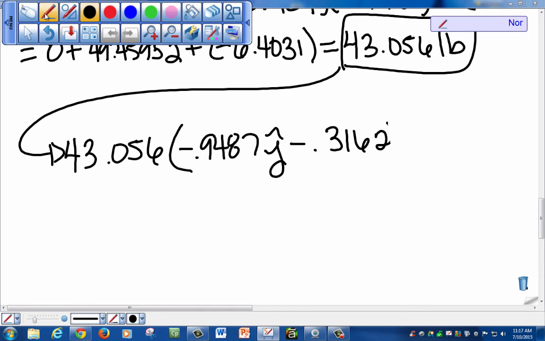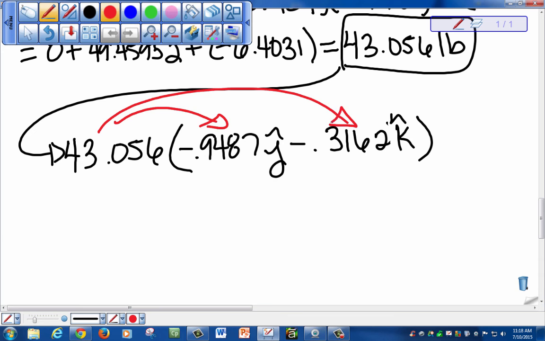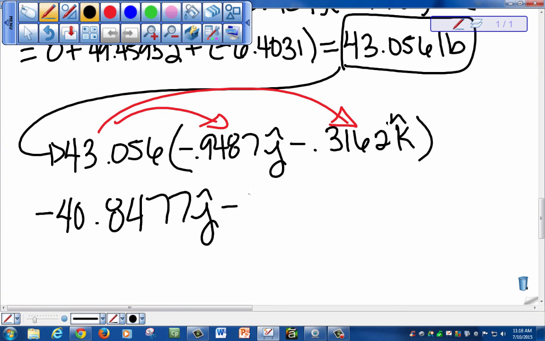Okay. So here, once again, just straight distributing. And our answer is going to be negative 40.8477j minus 13.6389 in the k direction.